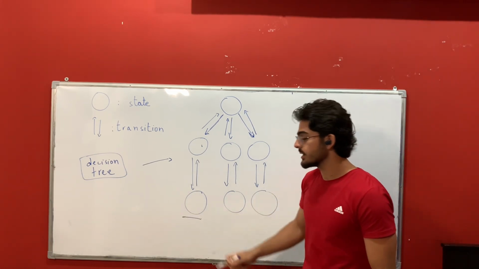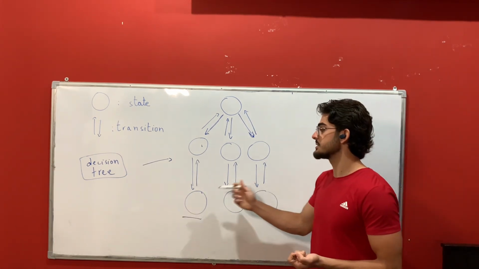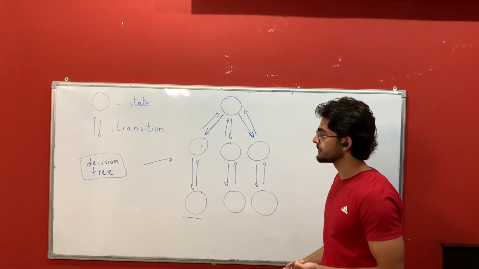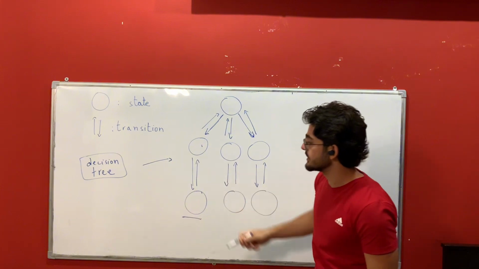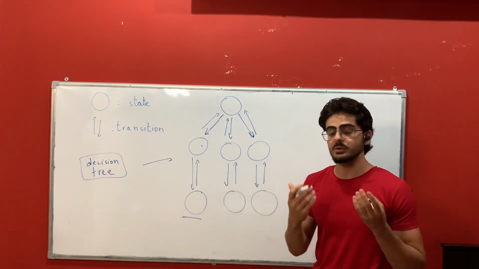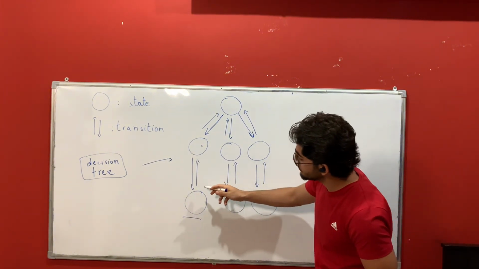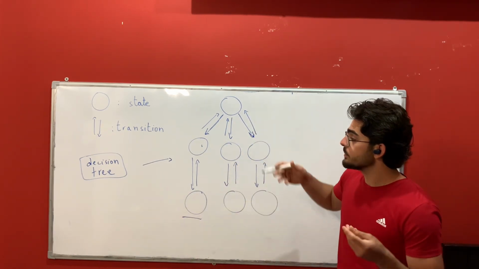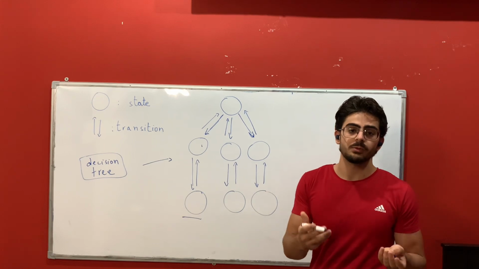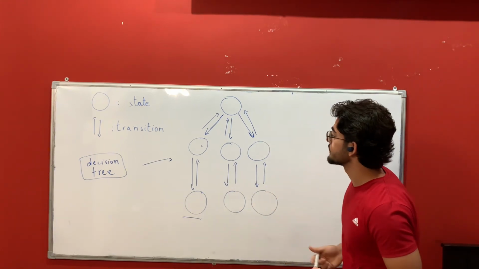Once you are here, you realize that the solution does not reside in this path. What can you do? You backtrack to the previous state. This is the process of backtracking, that you can go back to the previous states and discover new paths in order to find the solution for your problem.